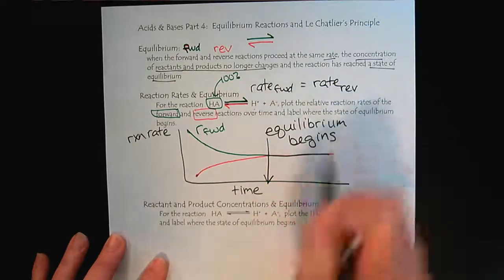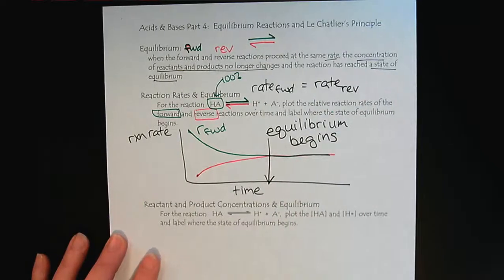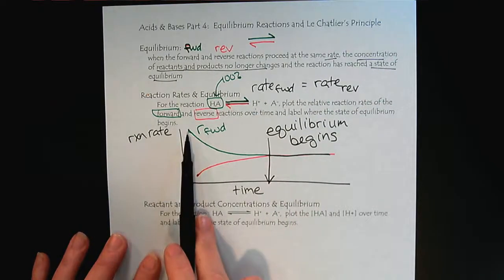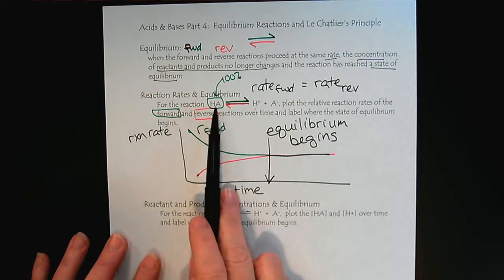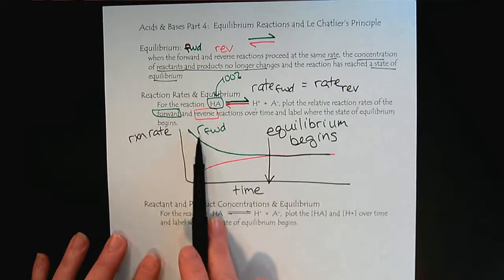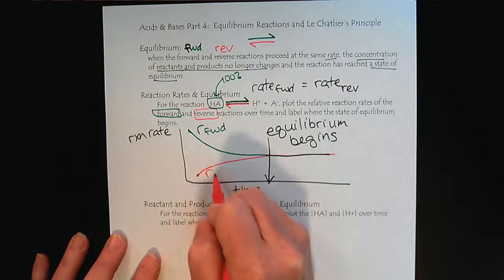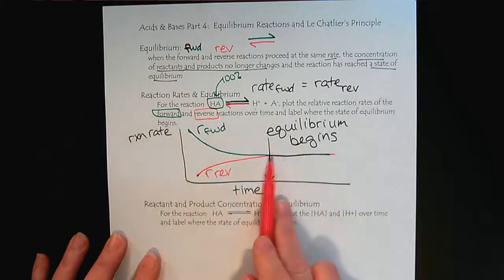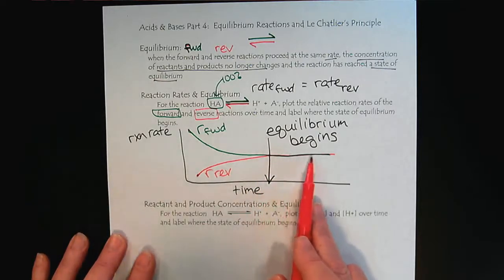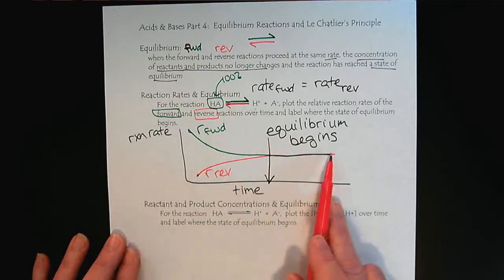So using our reaction rate definition of equilibrium, once the reaction begins, the forward rate will decrease, the reverse rate will increase, and at the point of equilibrium, the forward rate and the reverse rate are equal. Notice that both reactions are continuing.